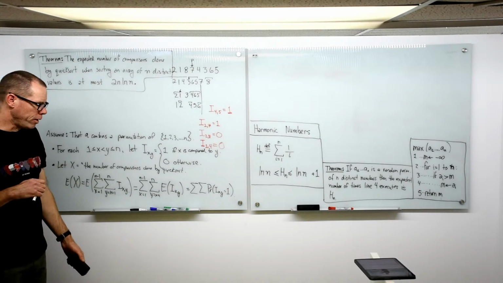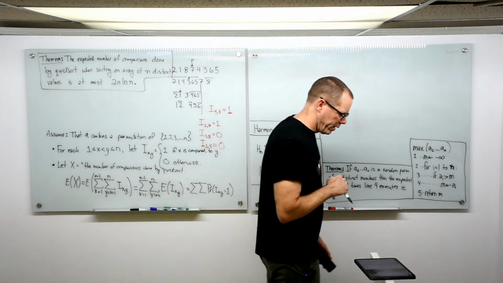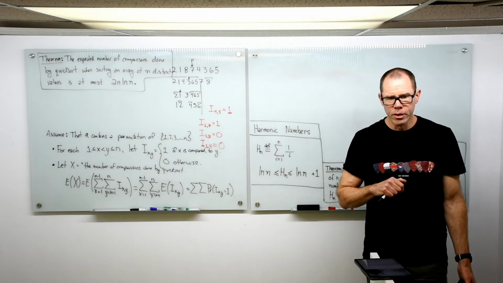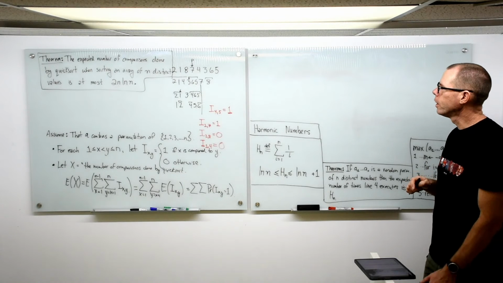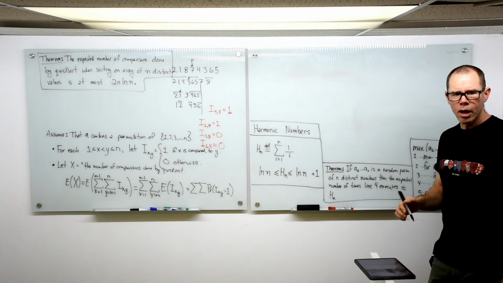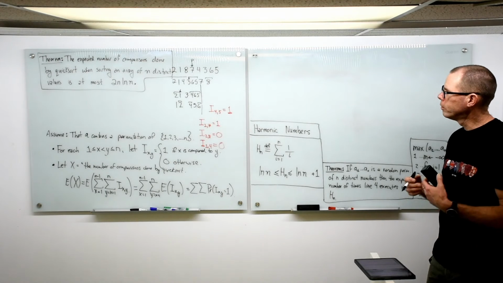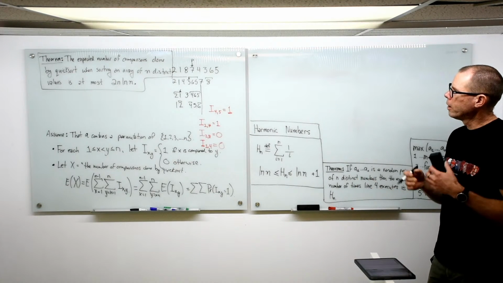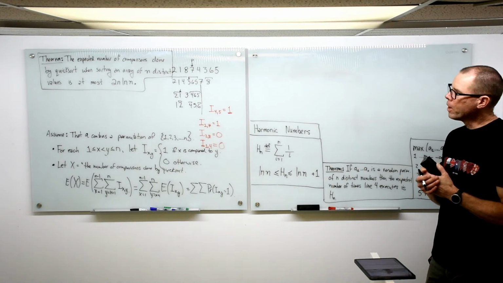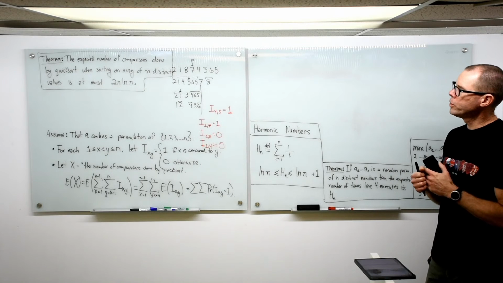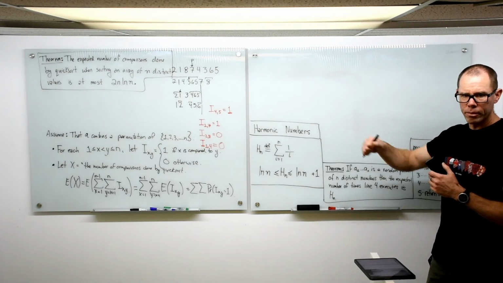So what is a random binary search tree? Well, the way you get a random binary search tree is you start with a random permutation. So let's take a random permutation of 1 through n. So we have the integers 1 through n. They're permuted in some random order. And we imagine we start with an empty binary search tree, and we insert the things in the order they appear in the permutation. Okay.